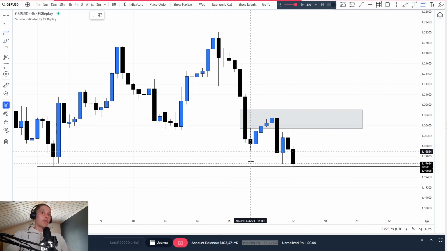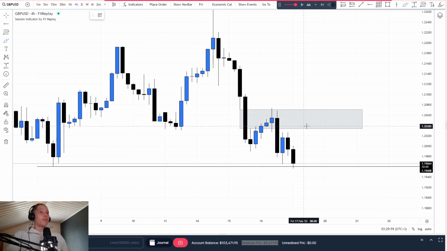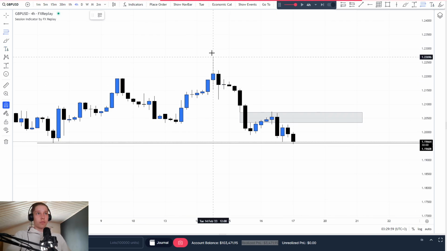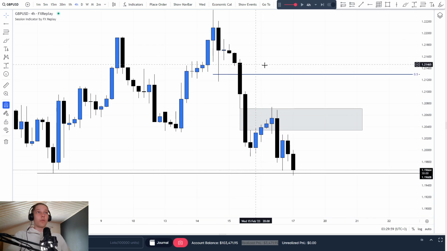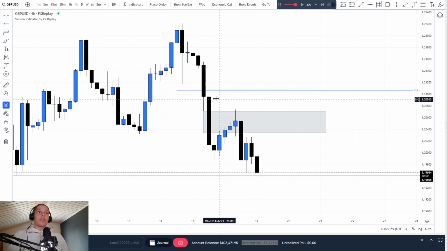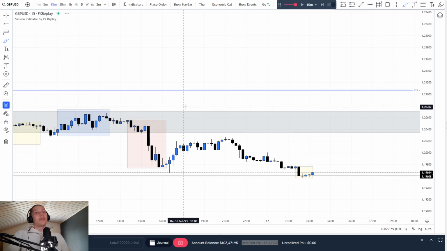Sometimes I would be a little bit scared to take a sell, let's say, in here, because someone would say to me, oh, you need to wait for the equilibrium, which just means that in the 4-hour chart this would be the equilibrium, and we are nowhere near that. Or even if you draw it from the bodies, nowhere near the equilibrium. So then that would mean that this is invalid. But is it really?